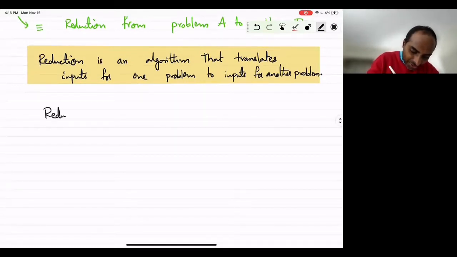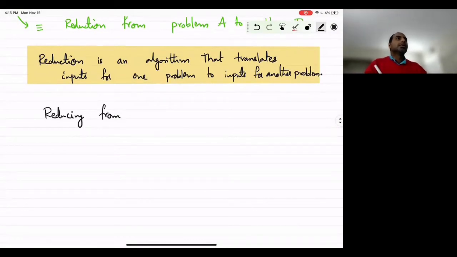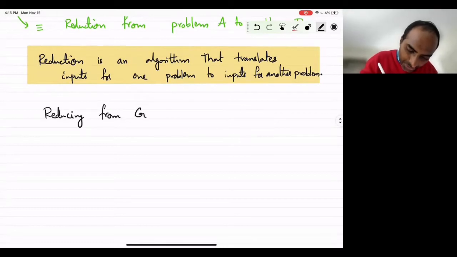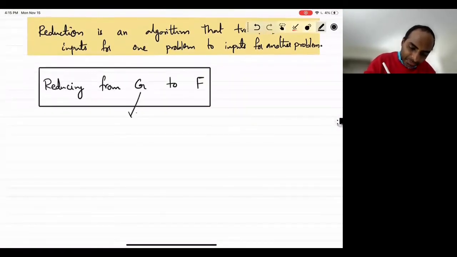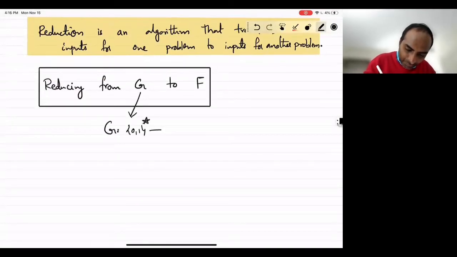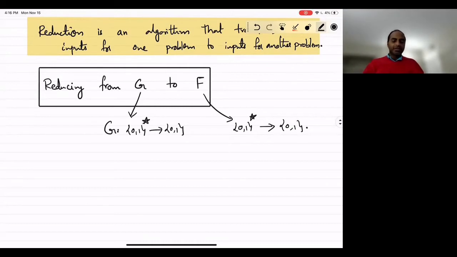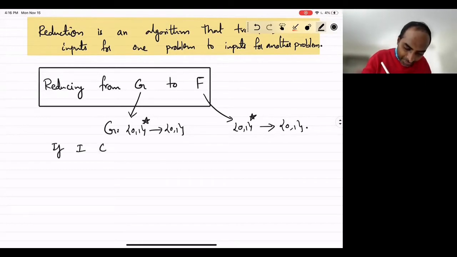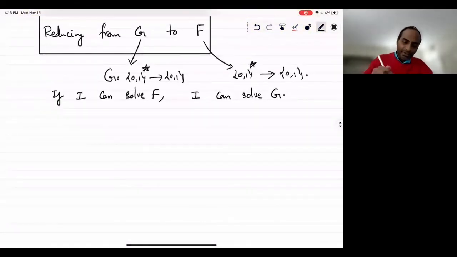So what is the formal definition? So let's say we are reducing from G to F. Okay, so suppose I have some function G, and I have another function F. Okay, so what we are trying to say is that we are reducing from G to F, meaning if I can solve F, I can solve G. All right, and the way we will do it is the following.